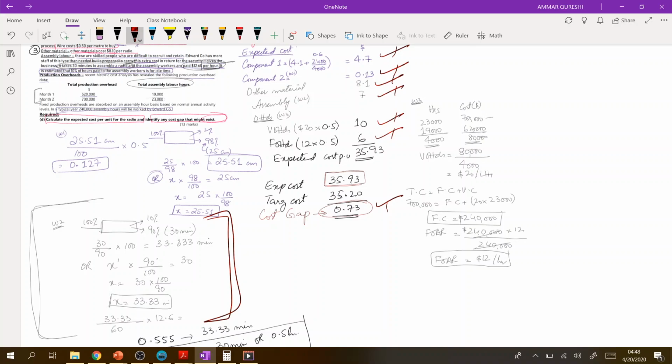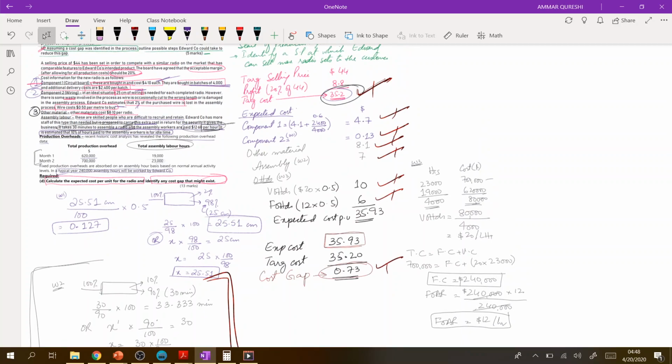Or suppose you have somehow calculated the expected cost to be, let's say, 35, which is wrong, and the targeted cost is 35.2. And on the basis of this wrong figure, you have concluded that there is no cost gap.